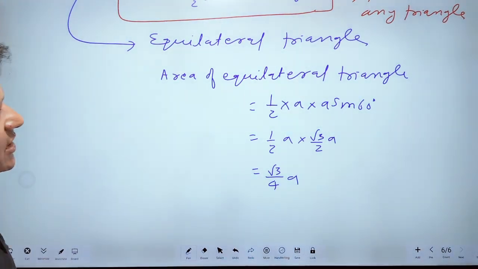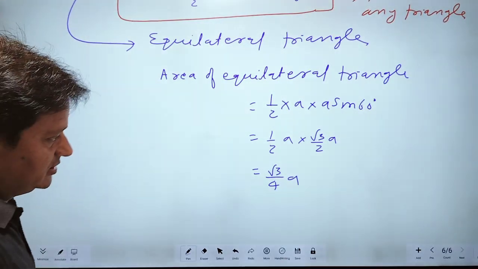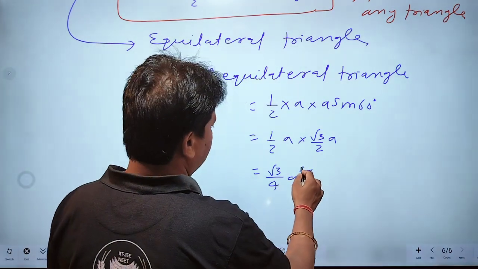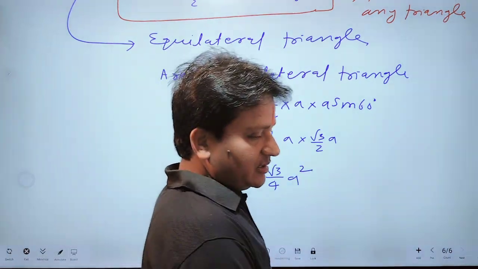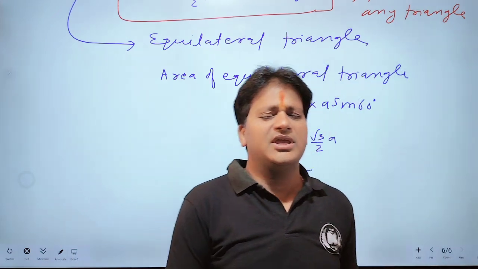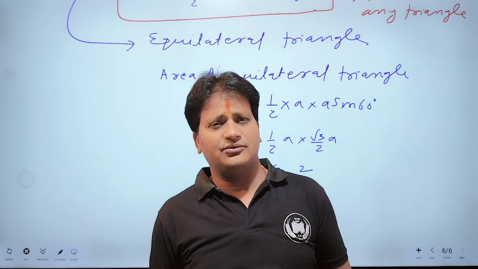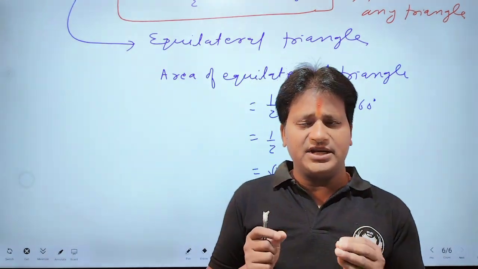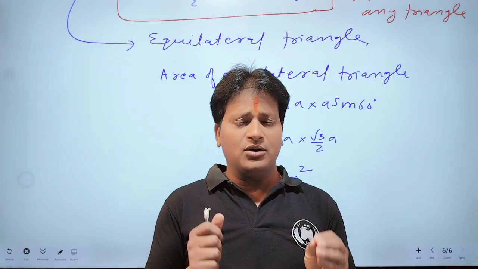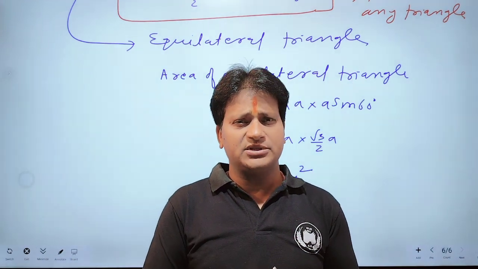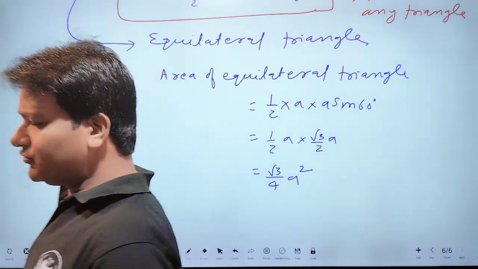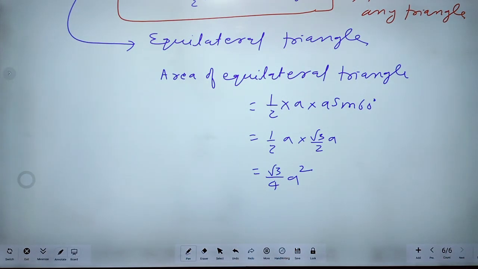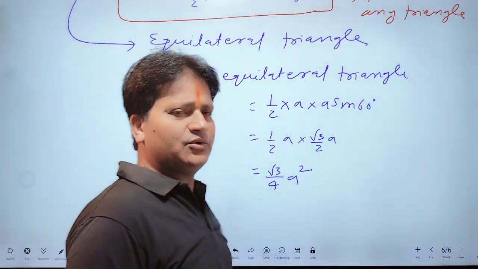You should remember this. For any triangle, area will be half into base into height, but for an equilateral triangle, the area should be equal to root 3 upon 4 A square.